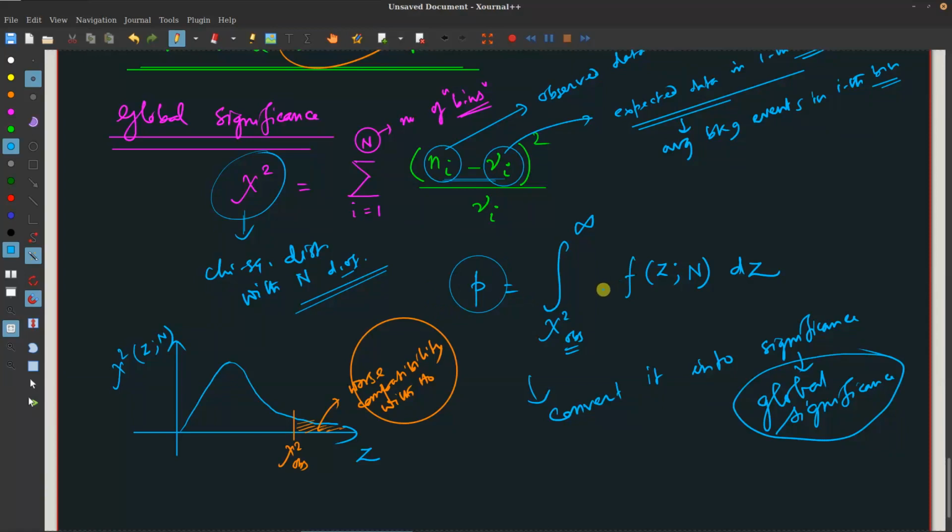That's the usual game. So you have to find out the chi-square cutoff that gives you this 95% confidence level, corresponding to the area here. And if your observed chi-square is greater than that, you reject the hypothesis, if you want to just accept or reject the hypothesis. So in that way, you can use your chi-square cutoff for this.